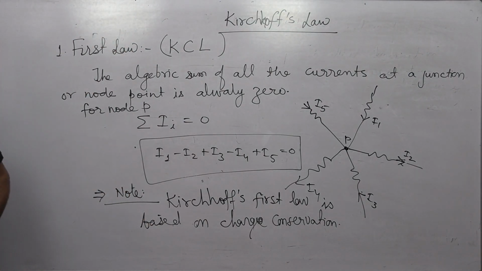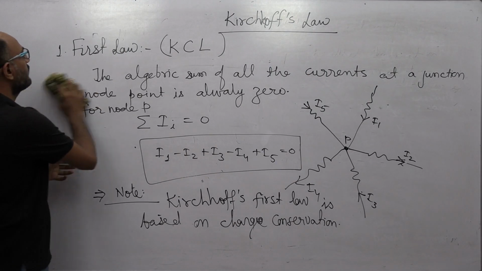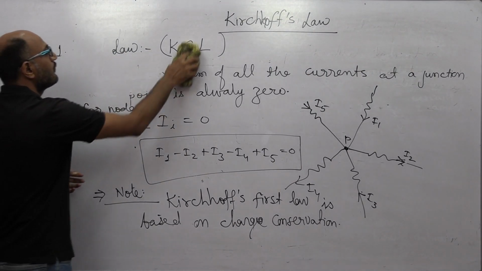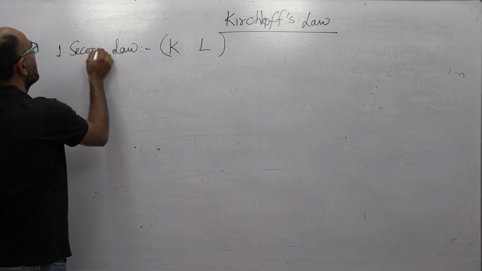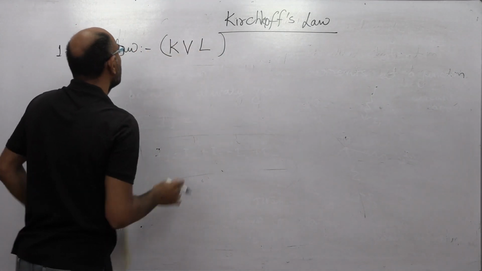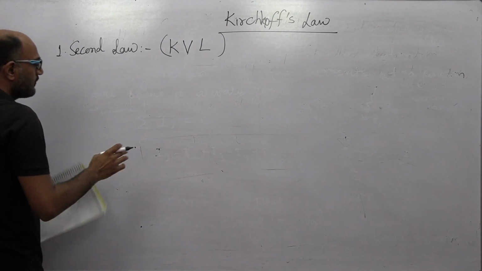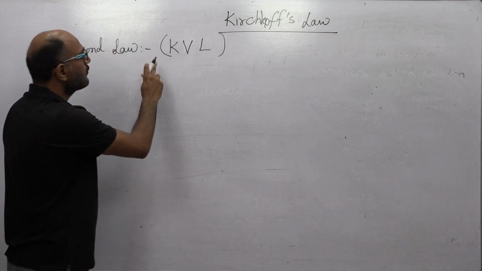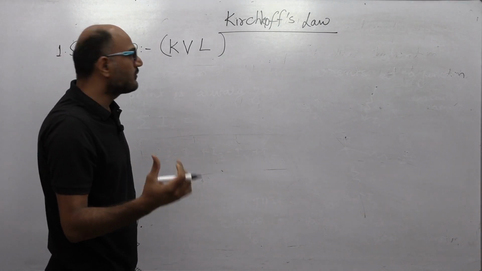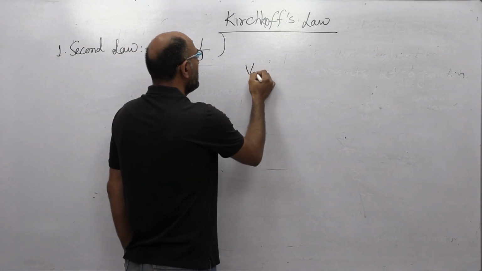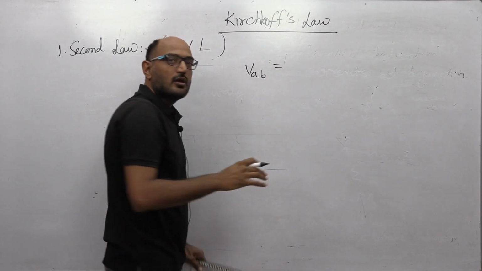Next, second law, which we also call Kirchhoff voltage law. Second law, Kirchhoff voltage law. Before talking about this Kirchhoff voltage law, I would like to talk about the potential difference between 2 points in the circuit, VAB. So what is this VAB?